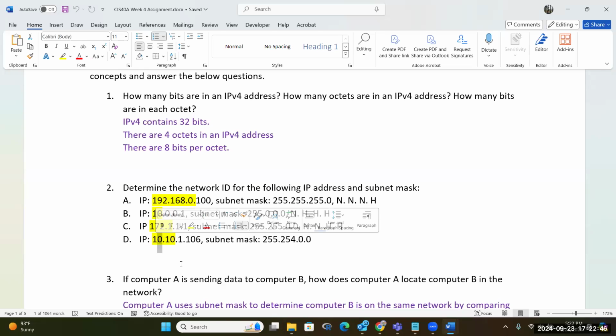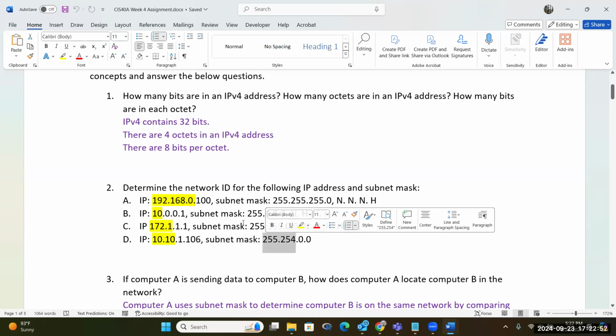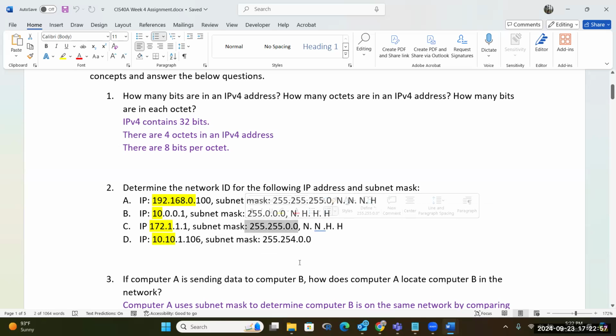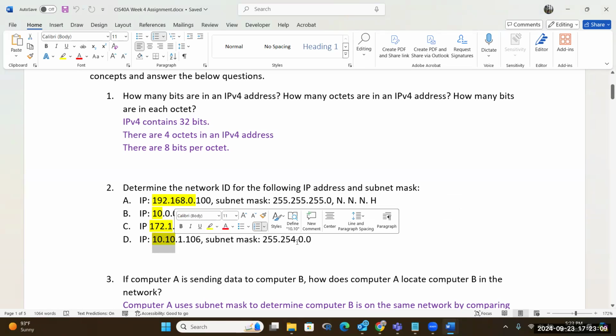Okay. So this is not a classful IP address. Why? Because if you look at the subnet mask, it's not like the traditional, classful subnet mask up here. It's 254. And we'll see how that number is derived, right? Okay. So that means that when you look at the subnet mask, it falls into the class B area.